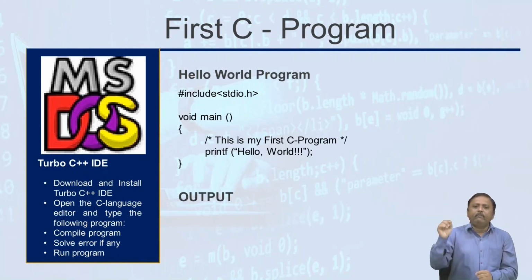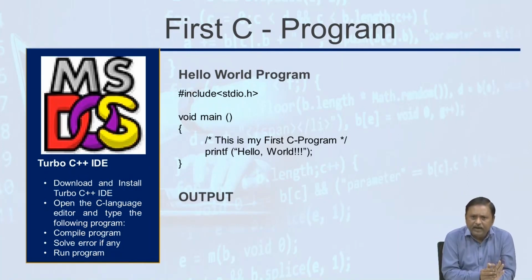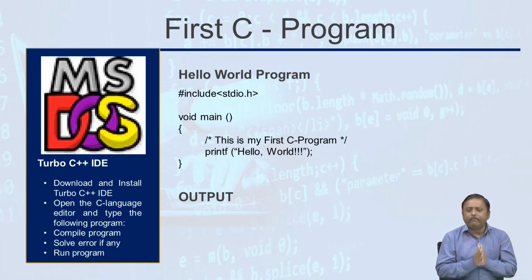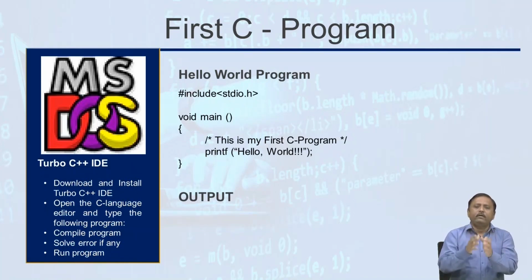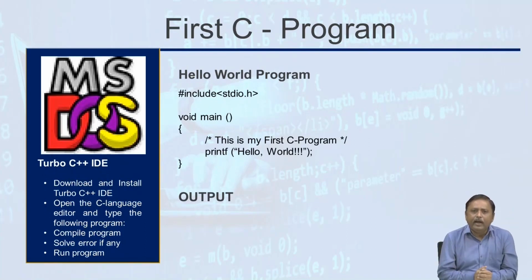Whenever we want to display some message, we can use the printf function. Printf is not only used to display messages, but you can also print the values of your variables, constants, etc. So here we write printf, and in double quotes we write hello world.